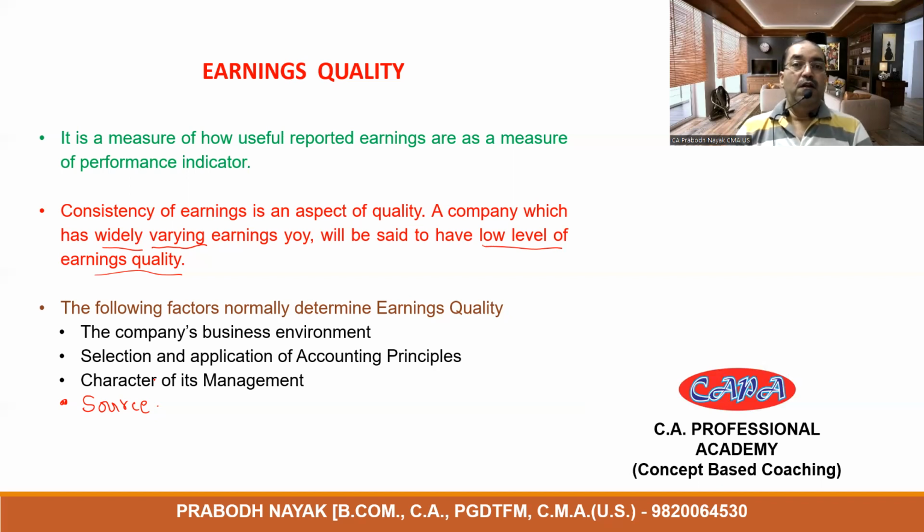So earnings quality is a measure of how useful or how reliable the reported earnings are as a performance indicator. If I have deliberately shown less profit, I will say that though the sales have increased by 40%, net profit is so poor, that means management is inefficient.